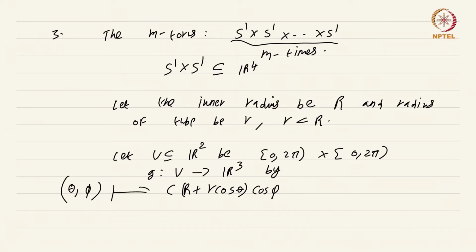I'm calling the variables theta and phi. So R plus r cos theta cos phi, then R plus r cos theta sin phi, then r sin theta.